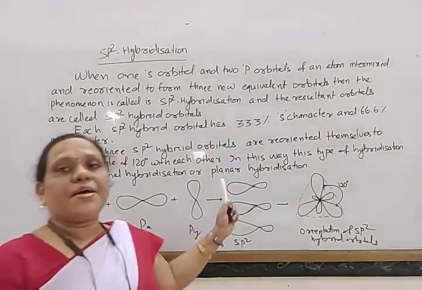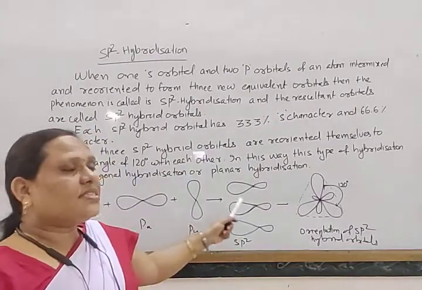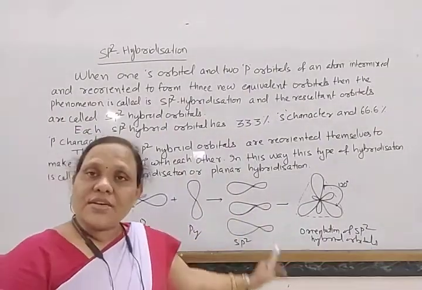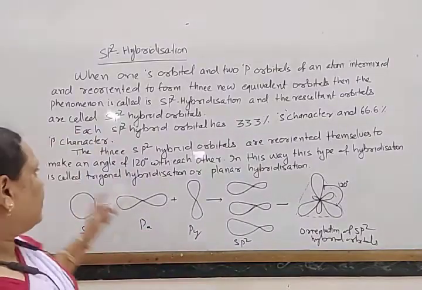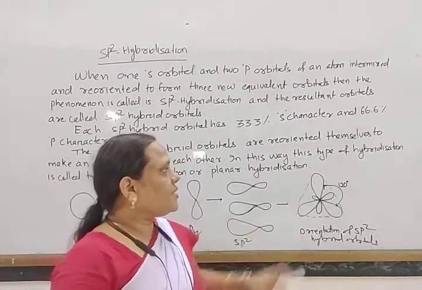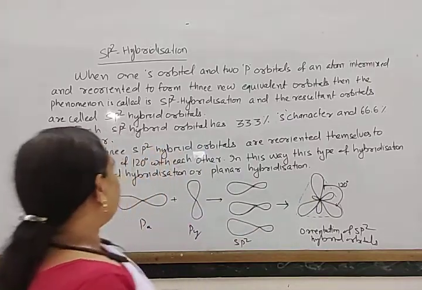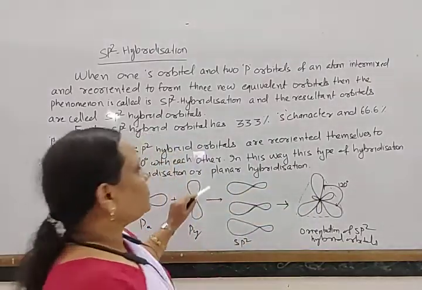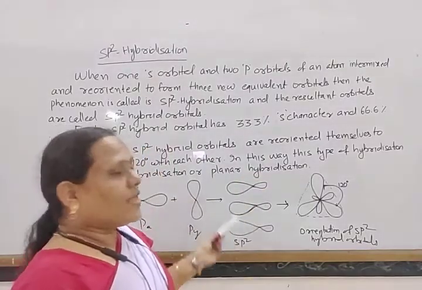Each sp2 hybrid orbital has 33% s character and 66% p character. So it is less elongated than sp3 and bulkier than sp3. The three sp2 hybrid orbitals reorient themselves to make an angle of 120 degrees with each other, so this type of hybridization is also called trigonal planar.